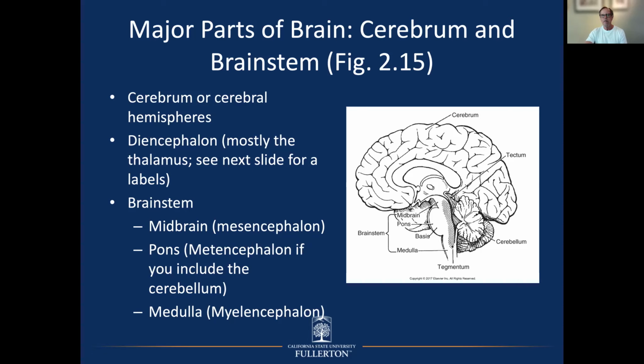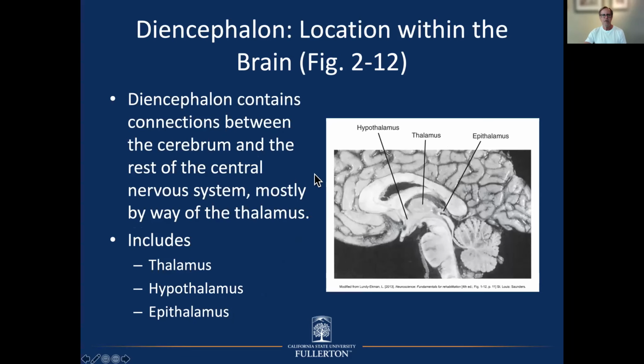So I'm sorry about that long-winded explanation, but we will occasionally be using those terms because the illustrations we refer to do as well. So you just kind of know the synonyms here for them. A diencephalon is the same thing as basically mostly the thalamus, etc.